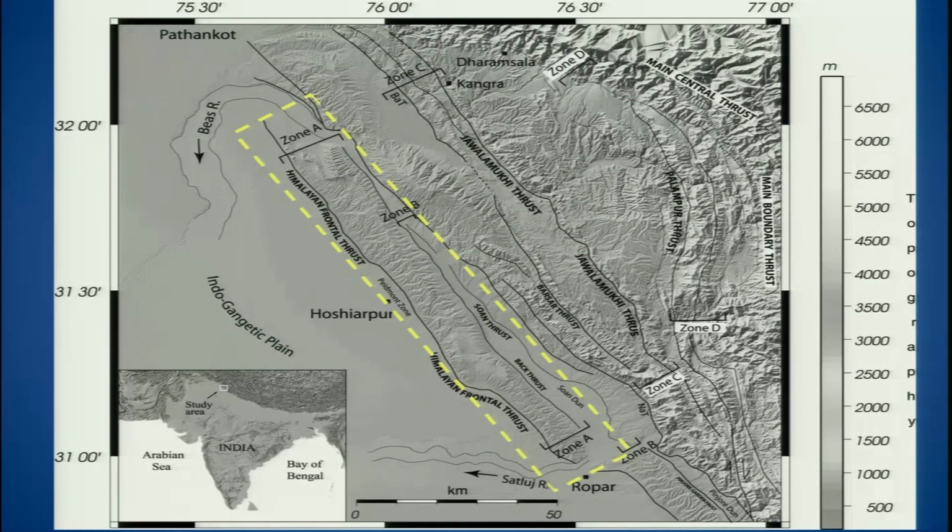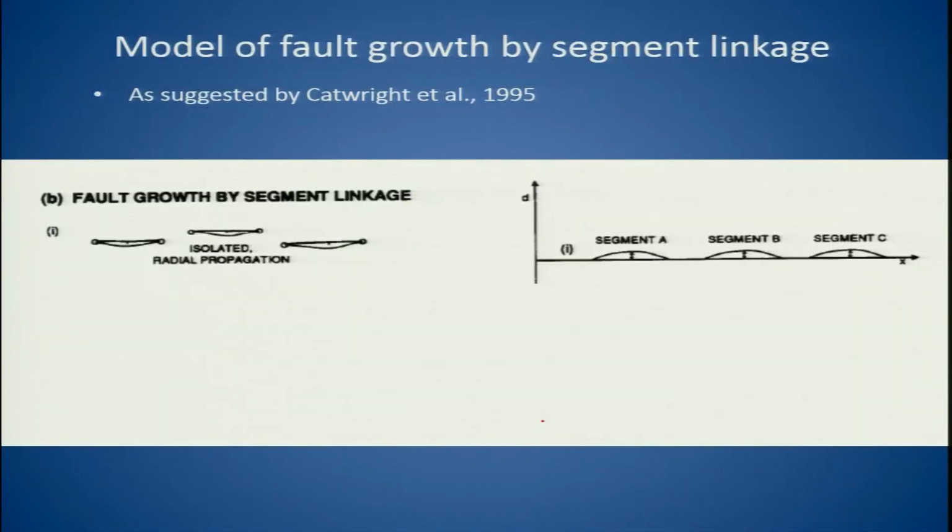So we took this up and did some geomorphological studies, which helped us understand how exactly this whole fold system of almost 100 kilometer Jahnavi Anticline was developed. There is a model which has been commonly used, and we call this a model of fault growth by segment linkage.